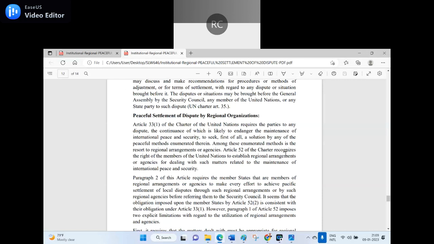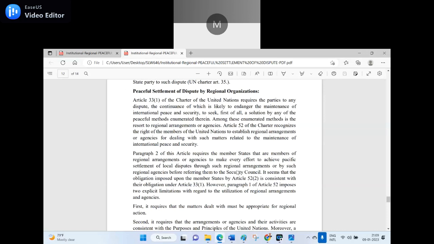Arusha and Addis Ababa. That is the African Union. The African Commission on Human and Peoples' Rights is a commission, yes. As far as the court is concerned, Arusha is there. These are the regional centers, institutions, which will get the dispute solved.